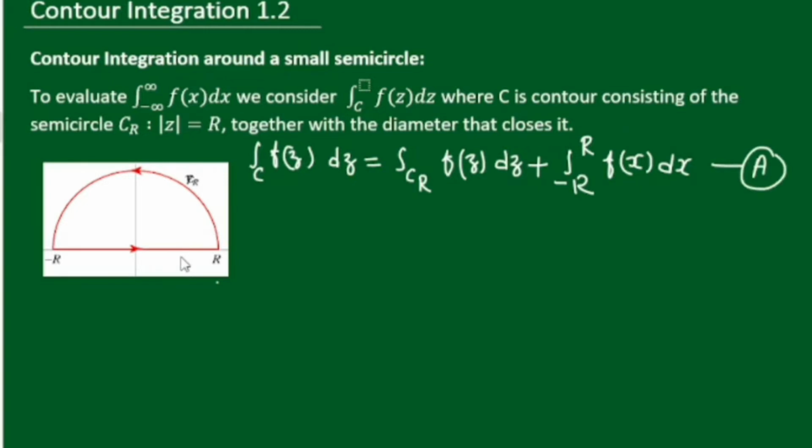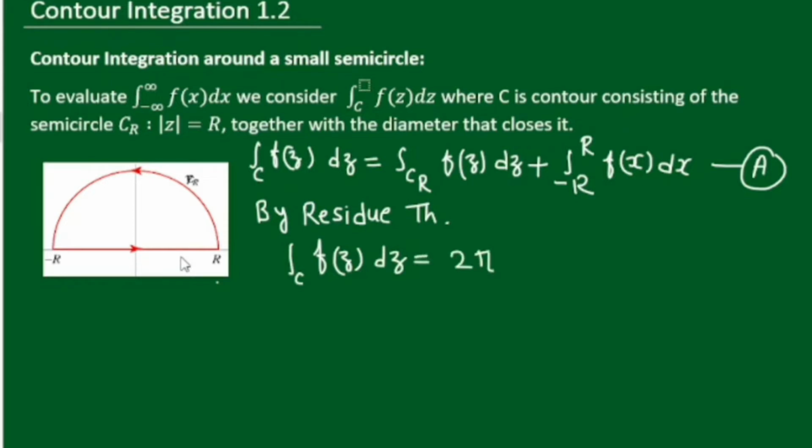Again, by the residue theorem we know that the integral along C of f(z) dz is equal to 2 pi i times the sum of residues.